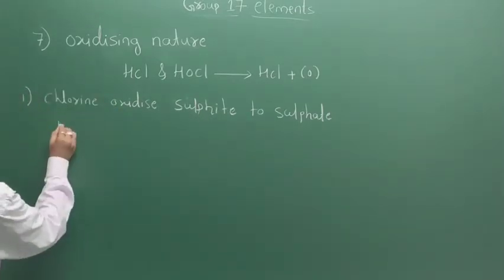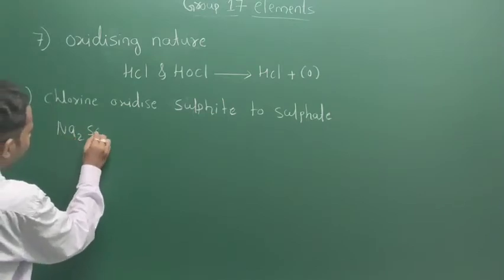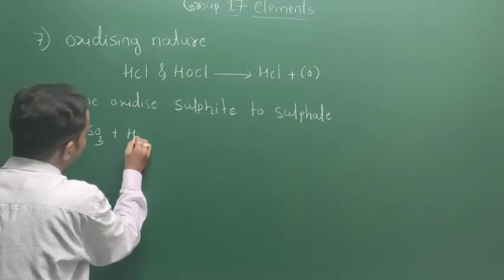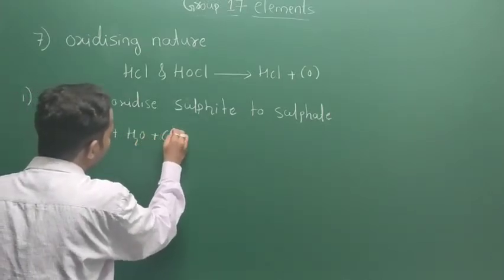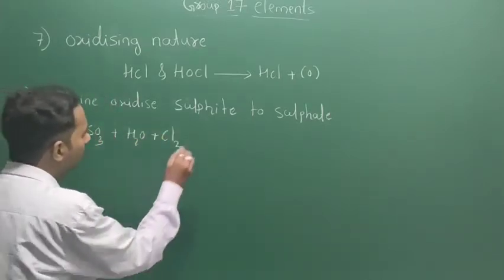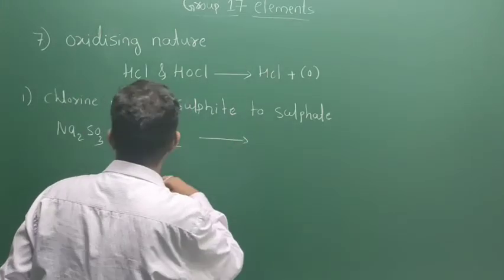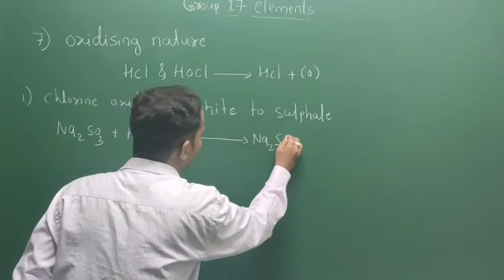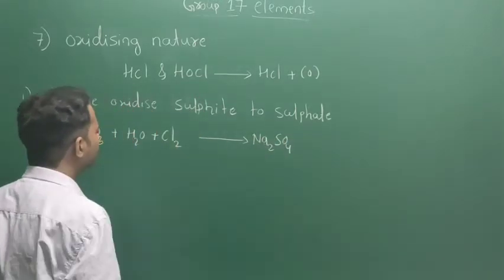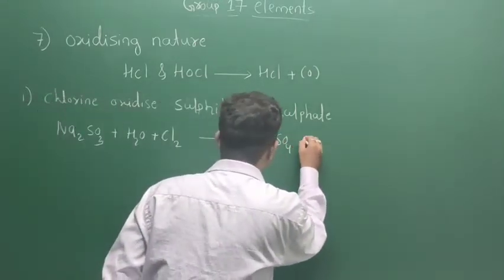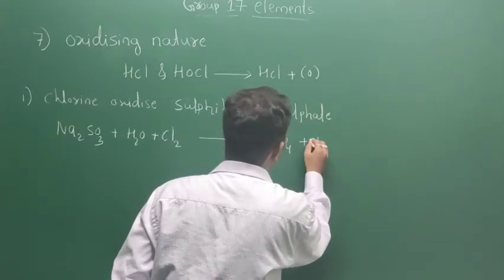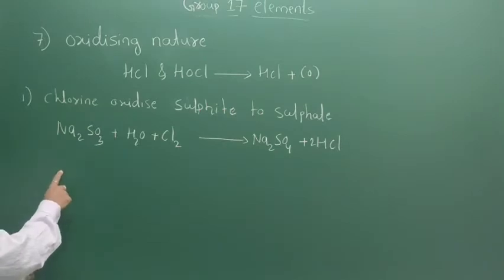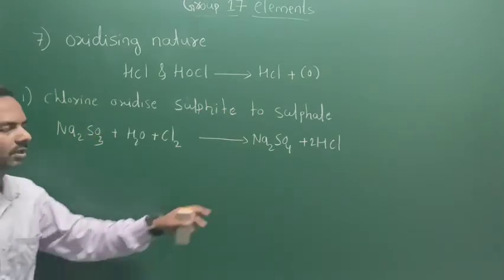So here sodium sulfite reacts with chlorine, forming Na2SO4, sodium sulfate, with 2 mole of HCl. So here is the conversion of sulfite into sulfate.